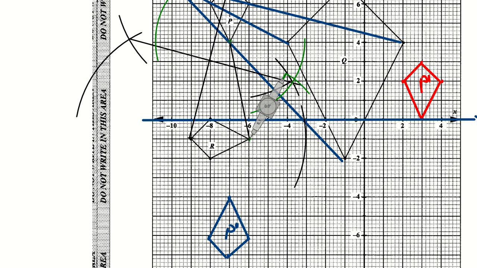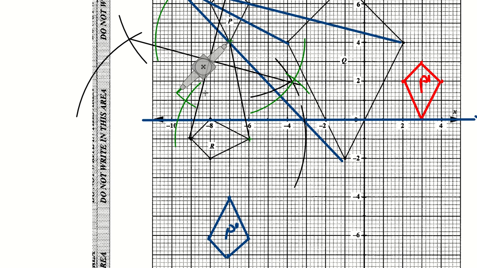And then if you keep on going, it has to intersect somewhere here. This green line. I'll need to draw an arc right there.